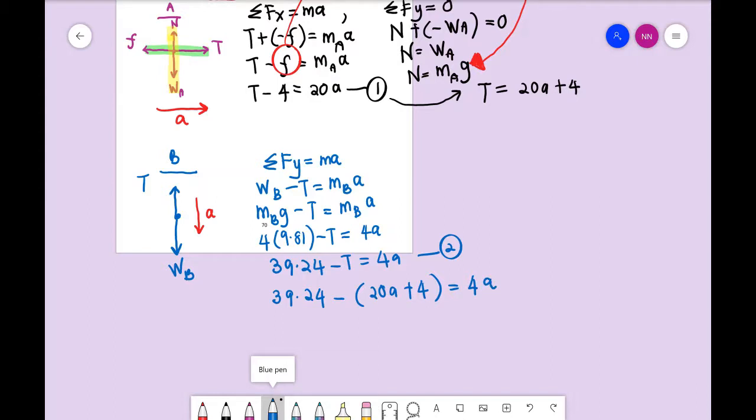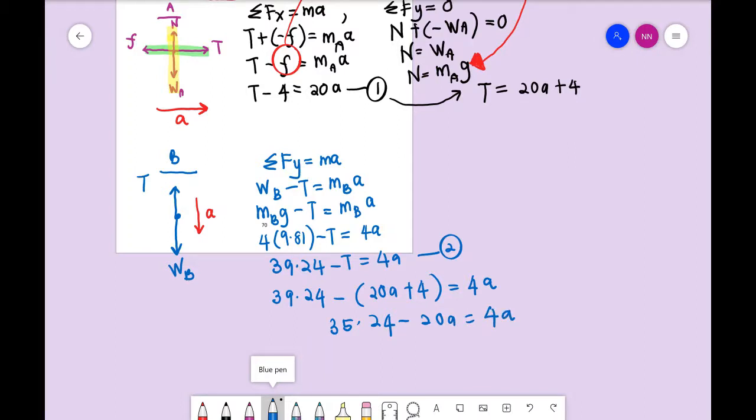Now we have one equation with one unknown, so we can determine the value of A. 39.24 minus 4 equals 35.24, negative 20A equals 4A.